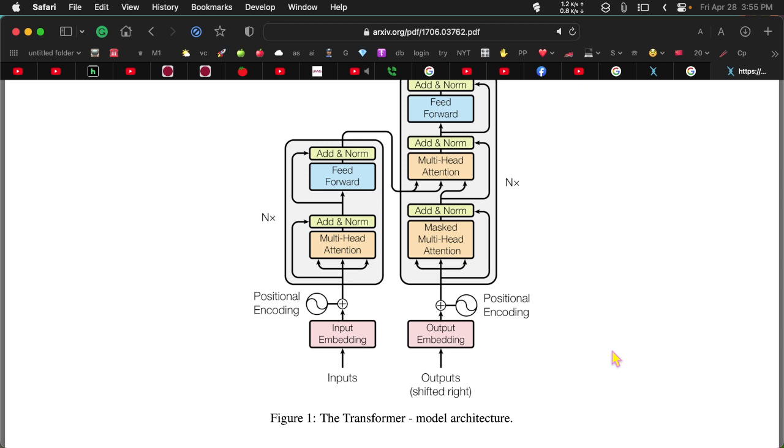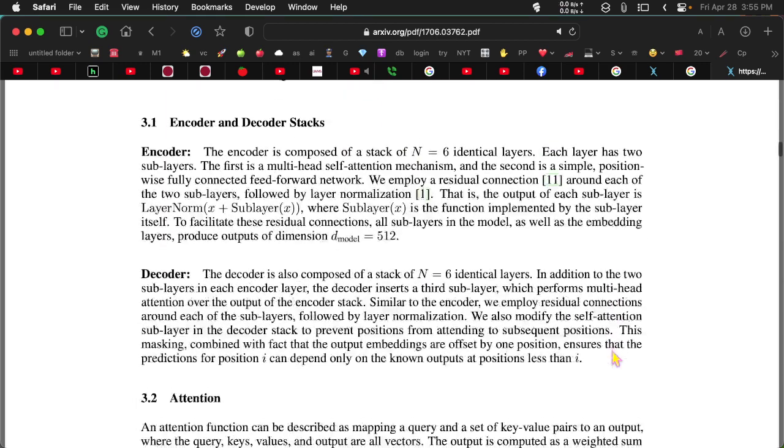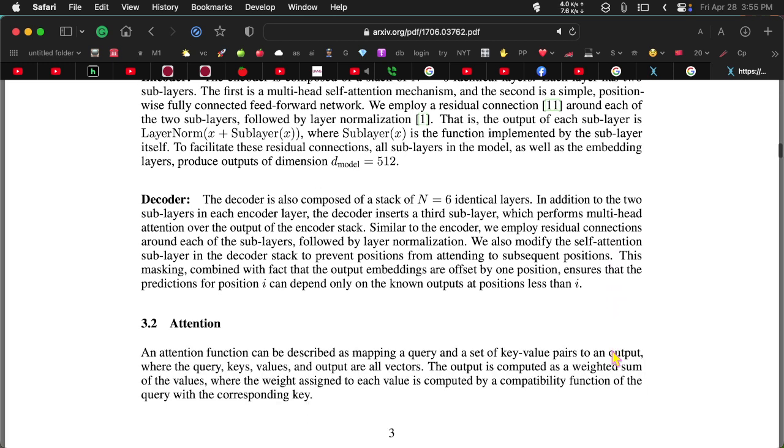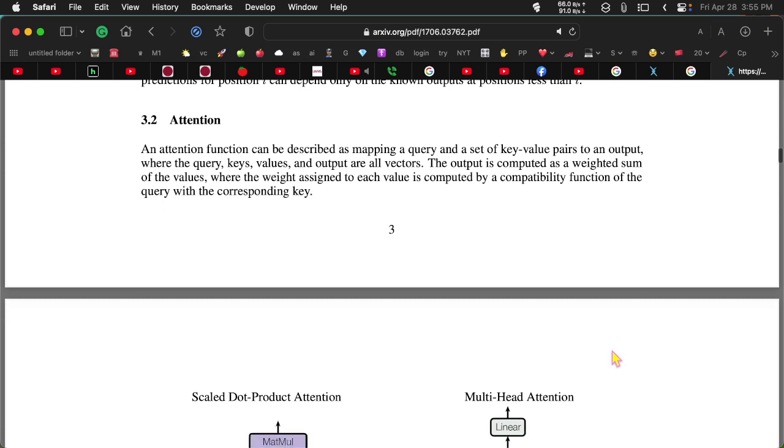Because what I'm interested in discussing is the way that the projection matrices are created for K, Q, and V, the key, query, and values. Now, I'm not sure that that term projection matrix is used at all in here.